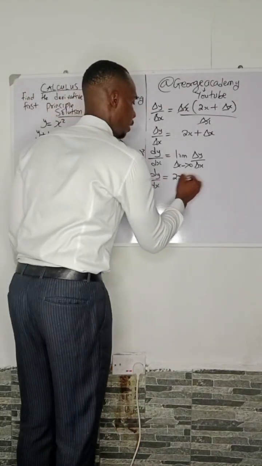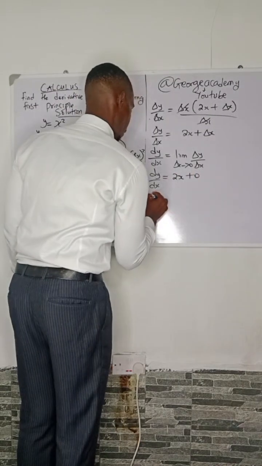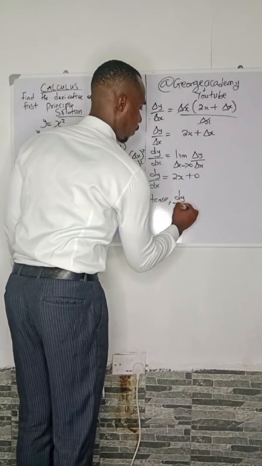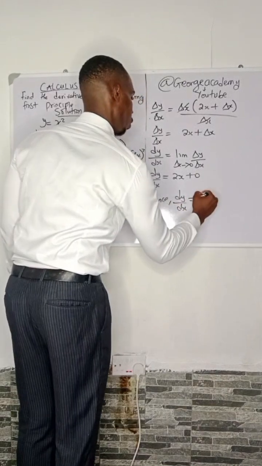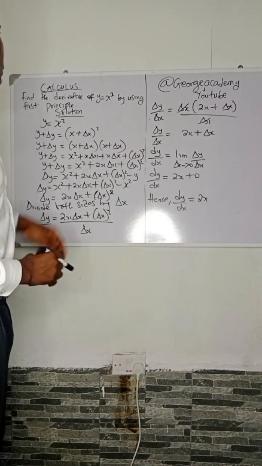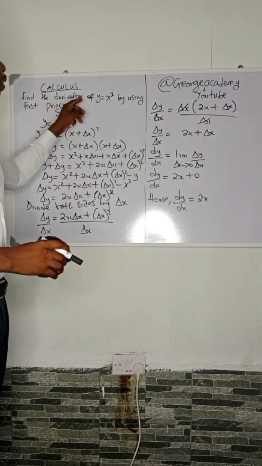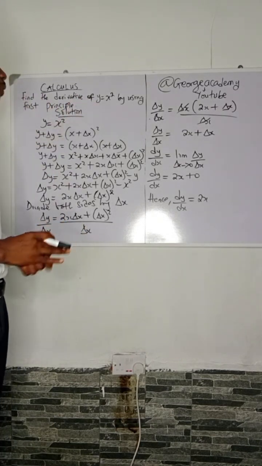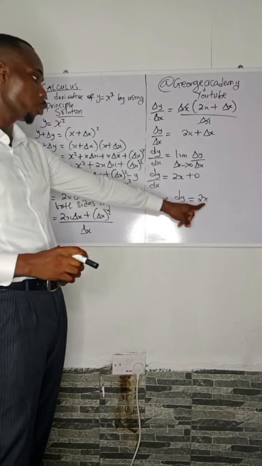So 2x plus 0. Hence dy over dx is equal to 2x. That means the differential of the function y is equal to x squared using first principle is what? 2x.